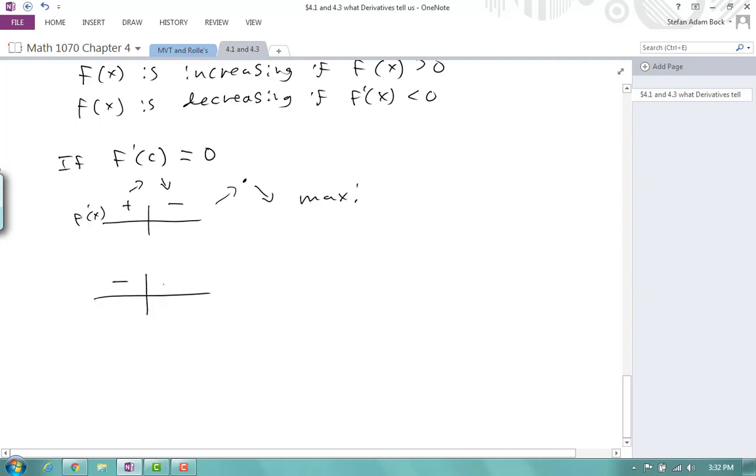Likewise, if I'm negative and then positive, I'll be decreasing and then increasing, which means I'll have a minimum. But I could have the case where I get negative on both sides of my critical number, in which case my critical number was something of a lie.